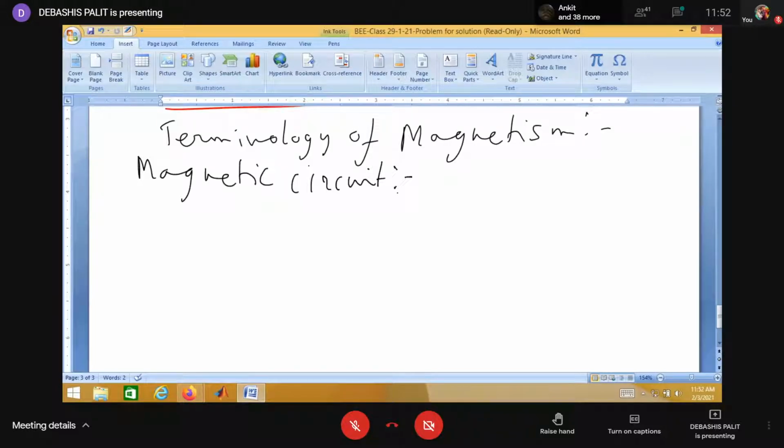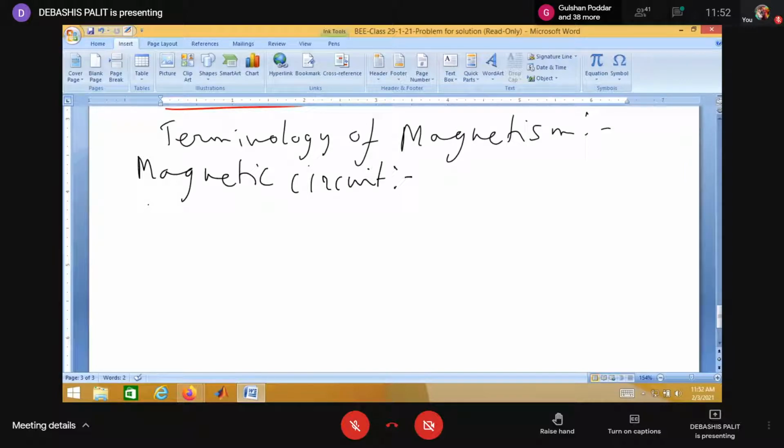It provides a closed path through which the magnetic flux can flow. One difference is that an electric circuit always flows through a conductor, but in a magnetic circuit, the magnetic flux can flow through the air also. That is the only difference, but the magnetic circuit is analogous to the electric circuit.